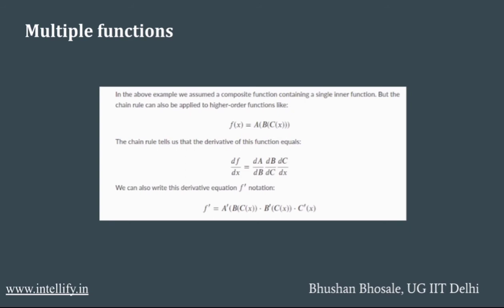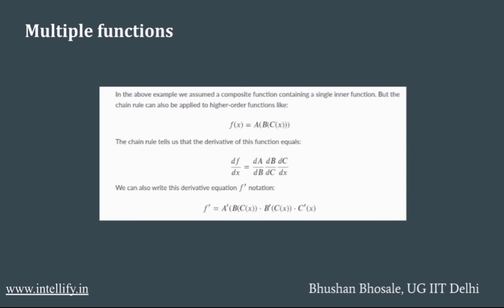Then multiple functions. In the above example, we assumed a composite function containing a single inner function, but the chain rule can also be applied to higher order functions like f of x is equal to a of b of c of x. So it would be df upon dx is equal to dA upon dB into dB upon dC into dC upon dx.